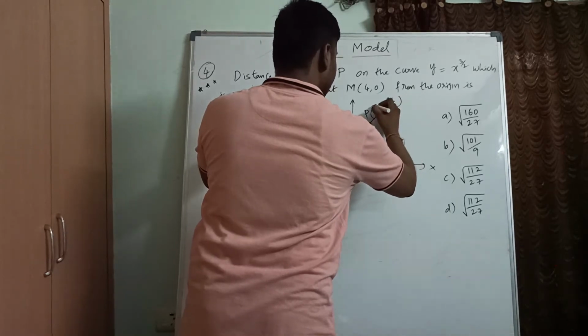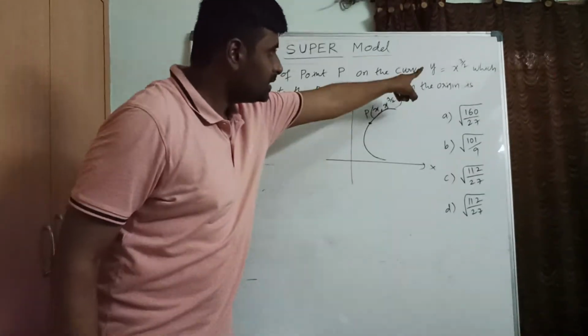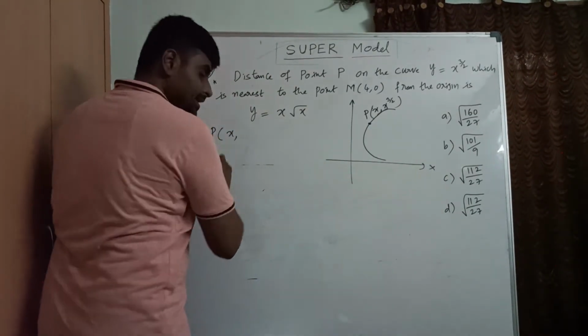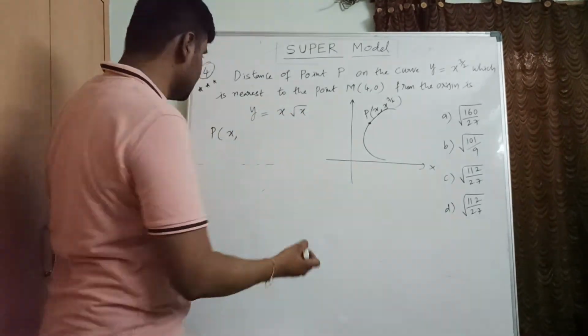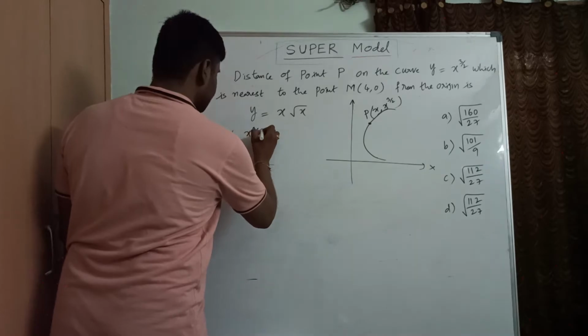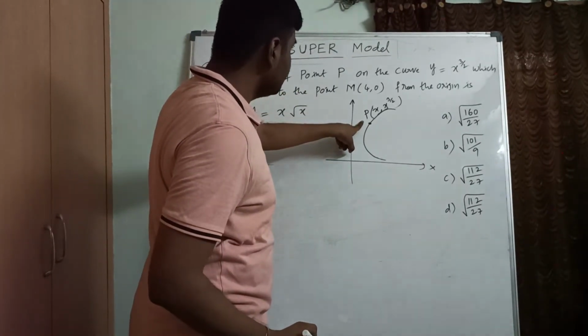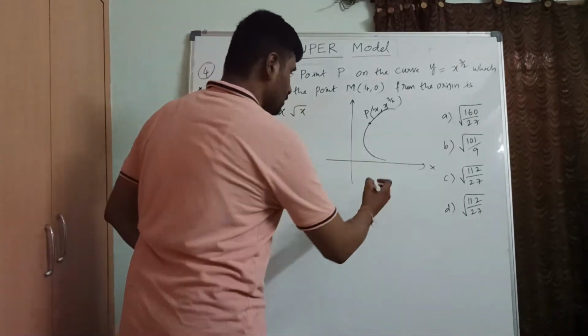Let me take a duplicate point on this curve. x comma x power 3 by 2 is the general point. So instead of t comma t power 3 by 2, I am taking x comma x power 3 by 2. It doesn't make any difference. So now, the distance of point P which is nearest to the point 4 comma 0. See here.